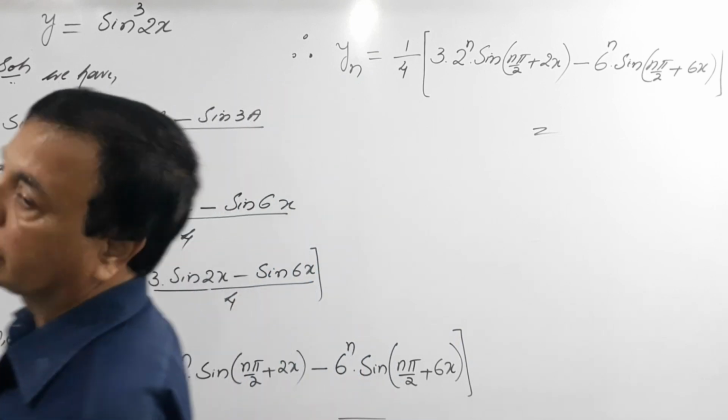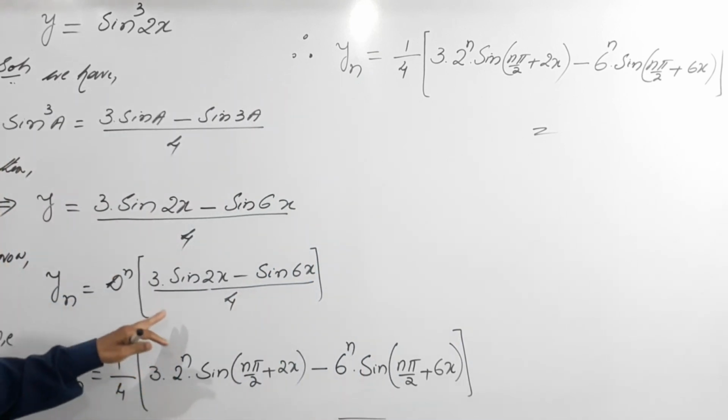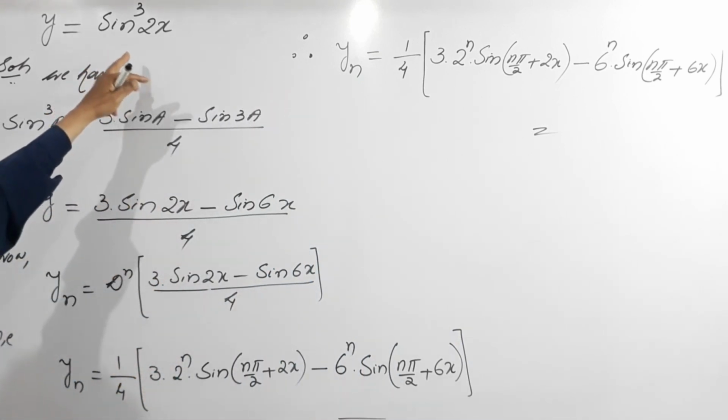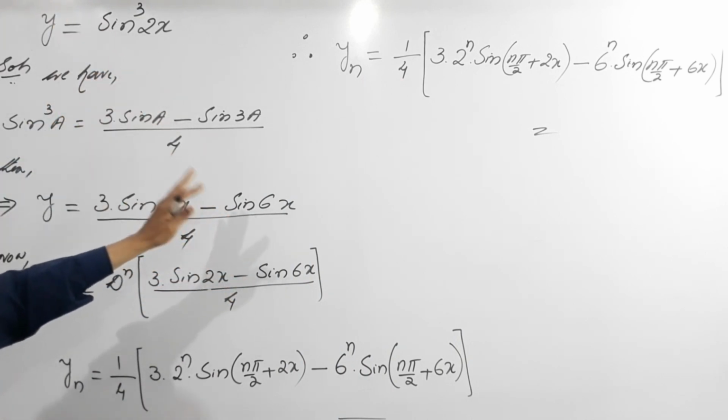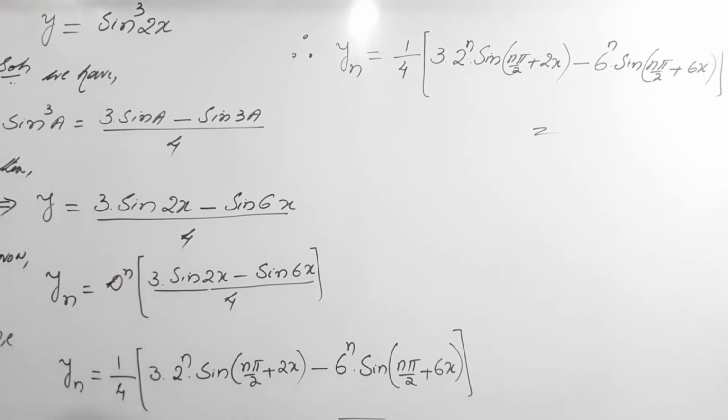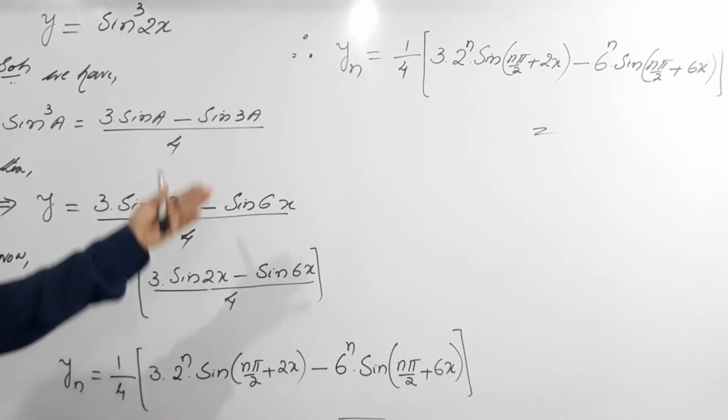Only thing you should try is to reduce this, that is, convert this product into a sum rule or difference rule, and then find the nth derivative using that formula.